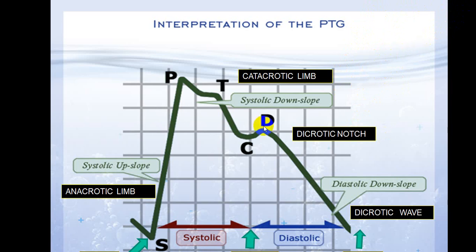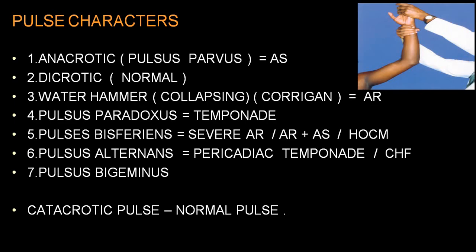Then you will be able to mention whether it is an anacrotic pulse or a dicrotic pulse, etc. But clinically, only if you pay genuine attention will you be able to identify it. It is extremely difficult, but still it is very frequently asked in your oral. So I'm mentioning some of the terminology which can be asked to you in your oral.